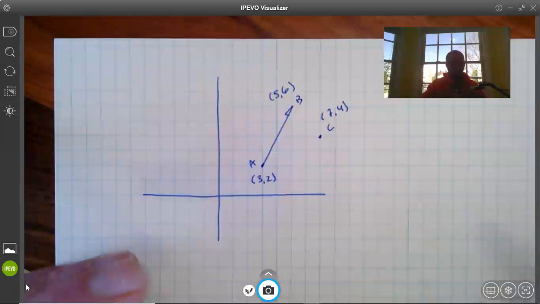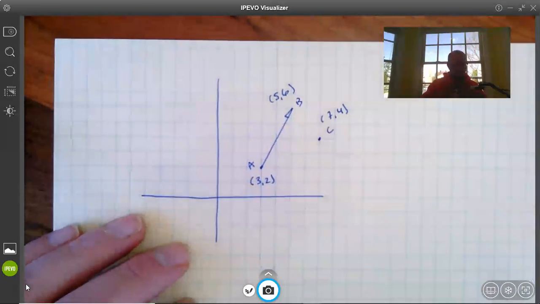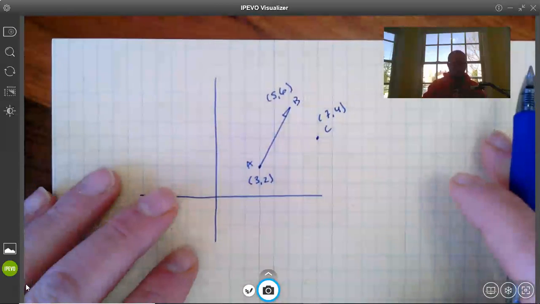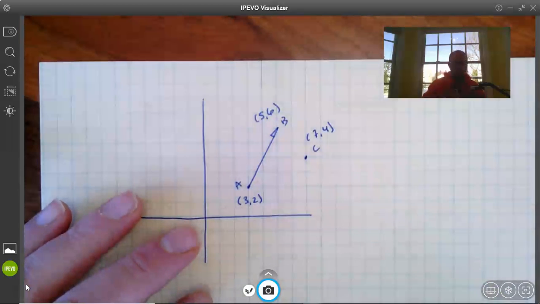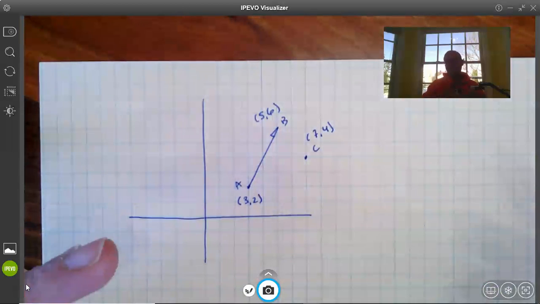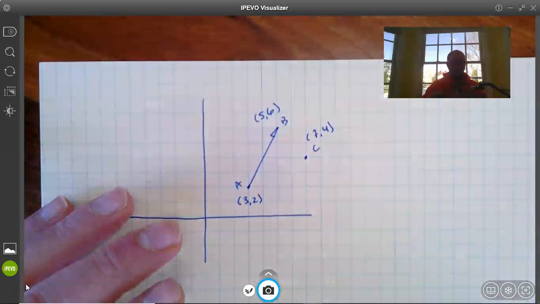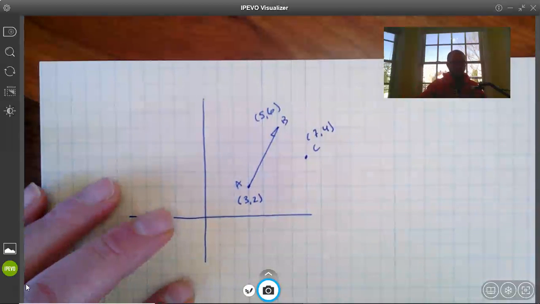We're trying to find, say, a point D that will make C to D perpendicular to AB. The thing we have to remember is that when two lines are perpendicular, their slopes are negative reciprocals, which means that they multiply together to make a -1. But normally we think of negative reciprocals just as upside down negative versions of each other.